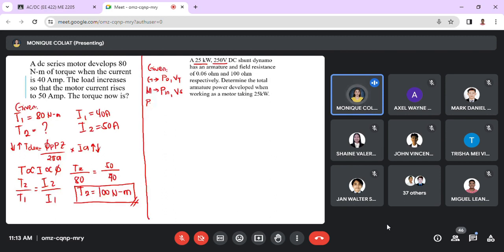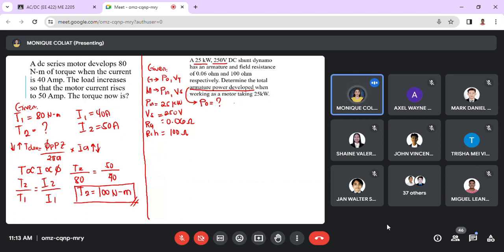We have RA and RSH, 0.06 ohm and 100 ohm. Determine the total armature power developed. When we say armature power developed, is the armature in the output part? That means, what is missing? PO.